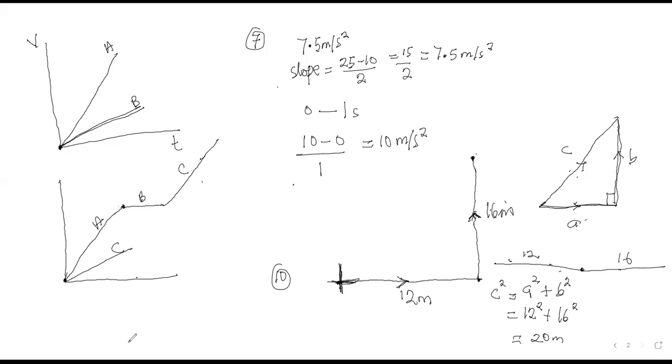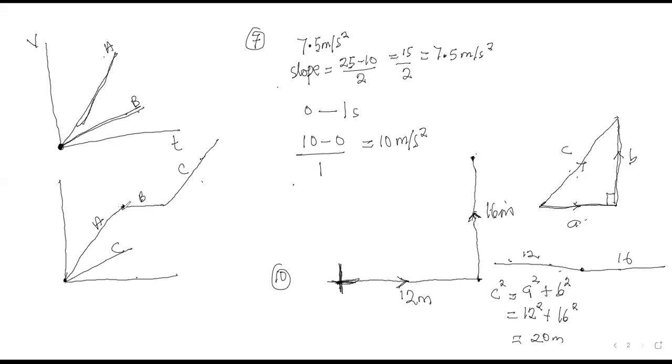Since they are not at the same point, you can use how steep or sloping the graph is to judge the magnitude of the acceleration. If they are all at the same point, like I've indicated here, then we can say that this one will be greater than this because this is steeper than B. They are at different points.